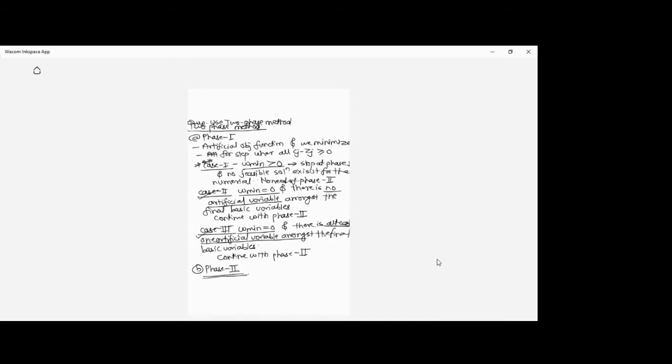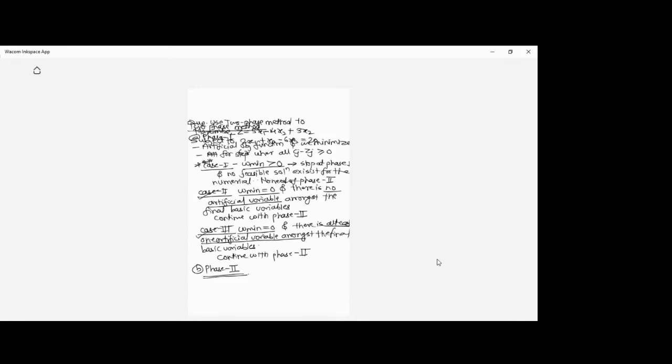Use the two-phase simplex method to maximize z equal to 5x1 minus 4x2 plus thrice of x3, subject to twice of x1 plus x2 minus 6x3 equal to 20.